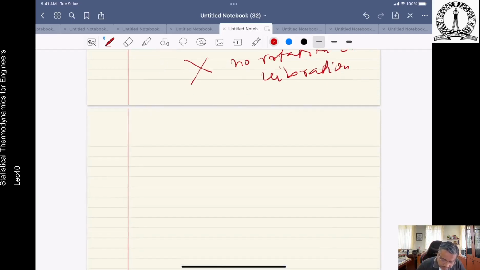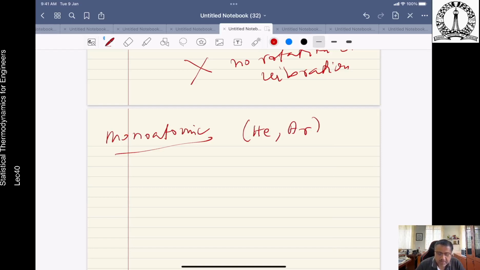Similarly, of course, for the diatomic gases you have a lot of other things. So for monoatomic gas, there are quite a few useful examples like helium, argon, and elemental radicals like atomic hydrogen, atomic nitrogen, and atomic oxygen. For such gases, rotation and vibrations are irrelevant. So we consider only translational and electronic energy modes, right?